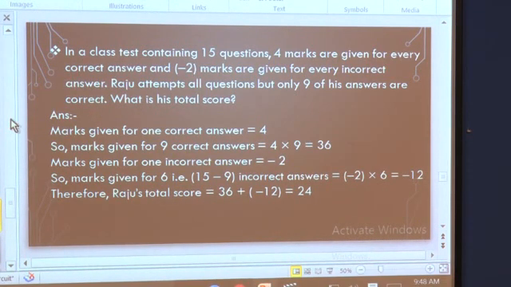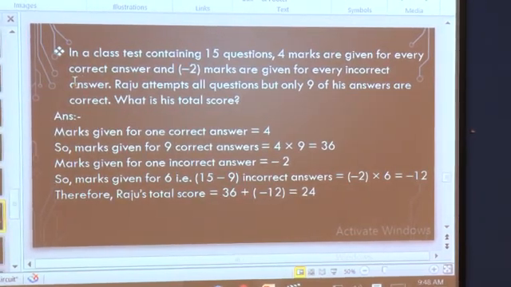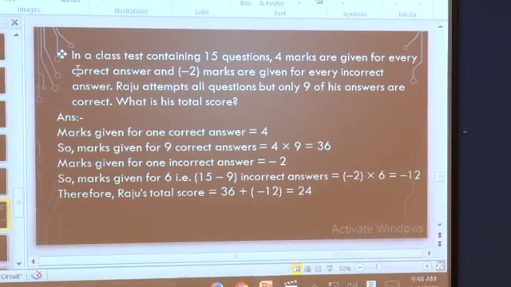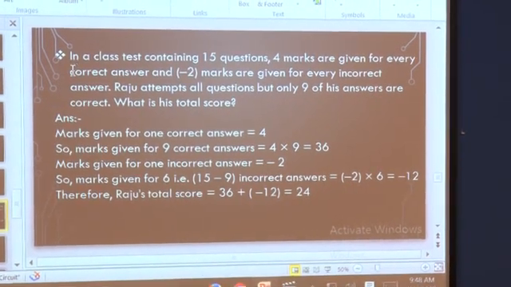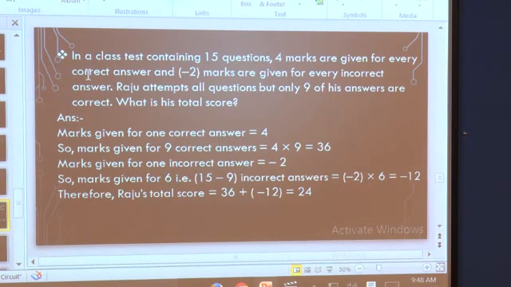Now we will see one of the examples. Your class teacher takes a test in class. Yes, every teacher takes a test in the class. When the test is of 10 marks, you get some correct answers and some wrong answers. What does your teacher do? She will give marks for the correct answer, and for the wrong answer she will give 0 marks. Here we have learned about integers, so we have to go to the sum of integers only.